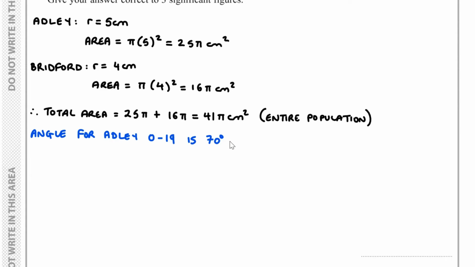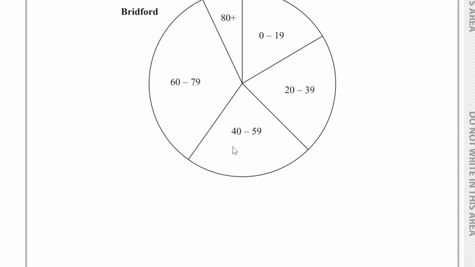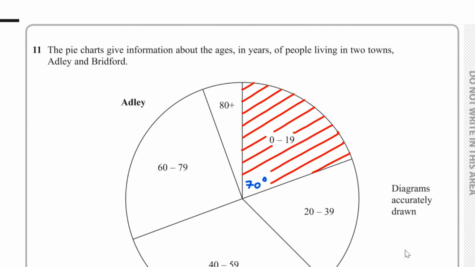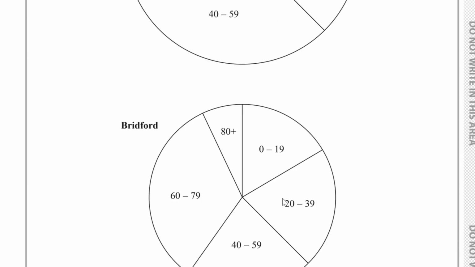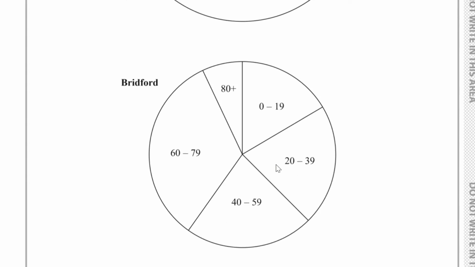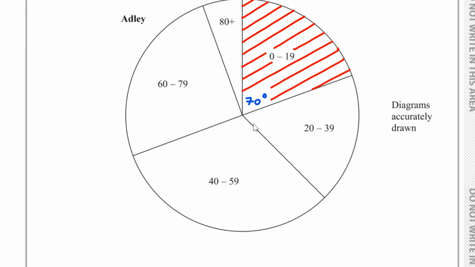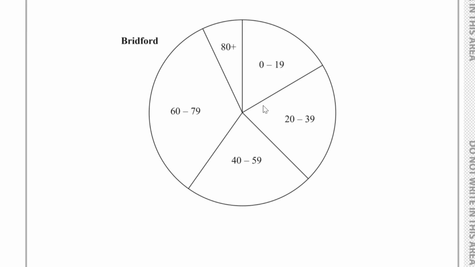So how does this help us? Well, from this we can find the proportion of those living in Atley and who are aged 0 to 19. So we're finding this proportion of the total. Of those who are in Atley, that's going to be out of 360, and 70 degrees of those will be aged 0 to 19.